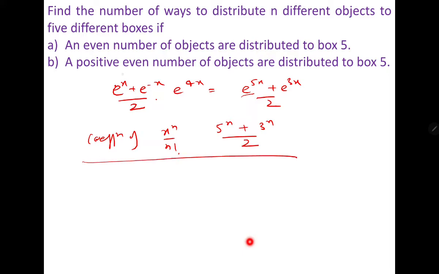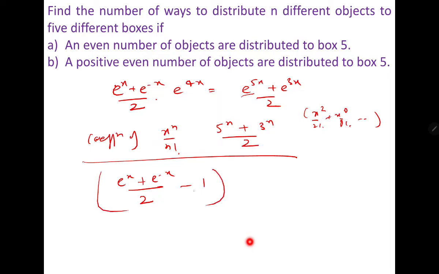Next one says positive even number. So it starts from 2 only, so the e raised to the power x by 2 should not have 1 in it. So the generating function would be x square by 2 factorial plus x raised to the power 4 by 4 factorial and so on.